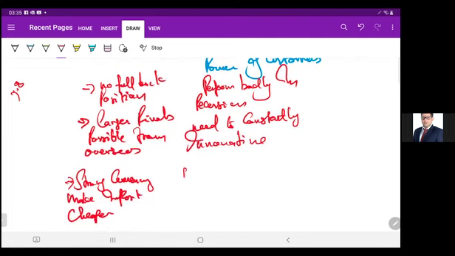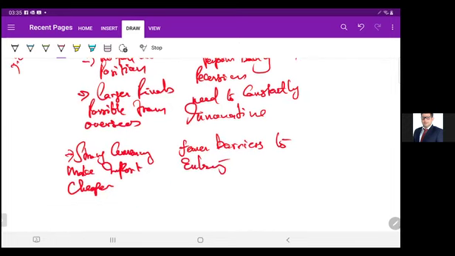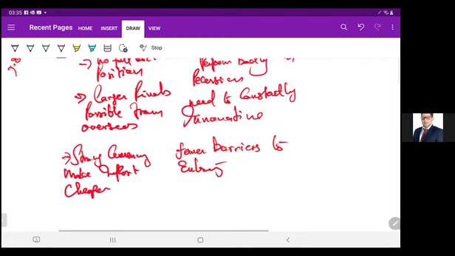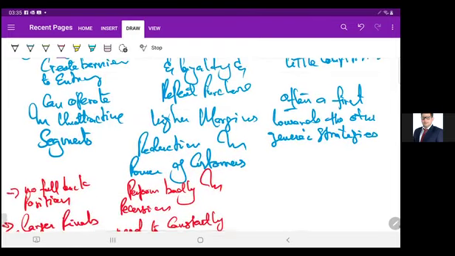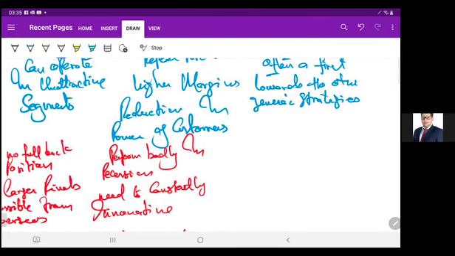It has fewer barriers to entry. Now, what are the threats to focus?